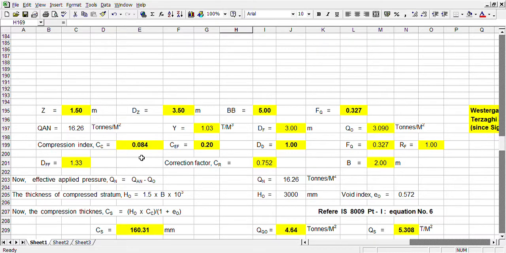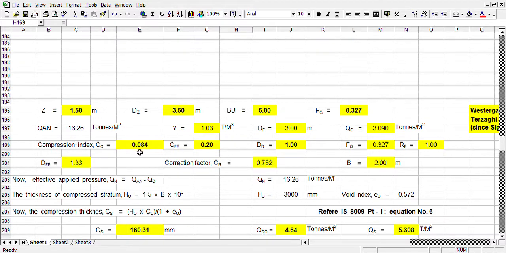Compression index equals 0.008 into LL, liquid limit minus 10. Another equation is 0.03 into E0 minus 0.27.